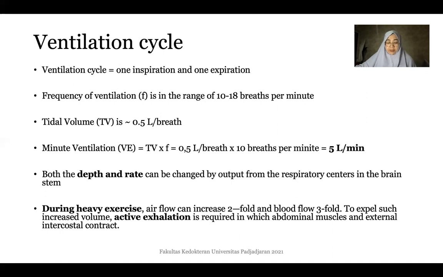Keep in mind that the depth and the rate of the breathing can change to dramatically increase airflow 20-fold. Blood flow can increase threefold relative to the respiratory system. So during heavy exercise, we can make a huge adjustment in the minute ventilation.